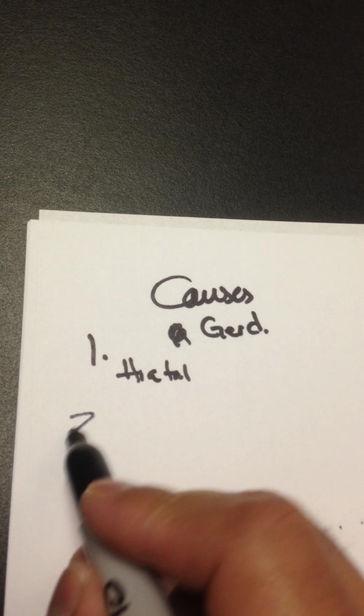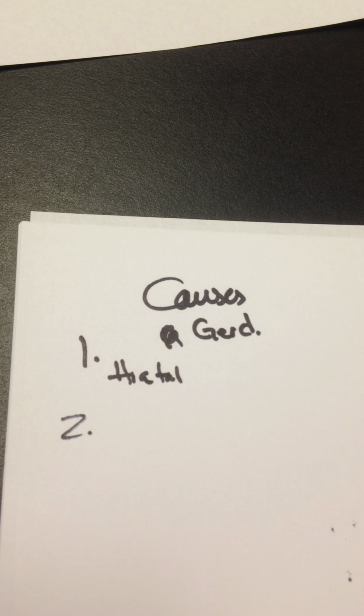Number two, an incompetent or weak lower esophageal sphincter, and we just talked about if there's any problems with that esophageal sphincter, if it's letting food back into the esophagus, that is going to be a problem, because the food should not come back up. If it comes back up, it's going to come back up with those gastric contents, and part of those gastric contents are going to include acid.